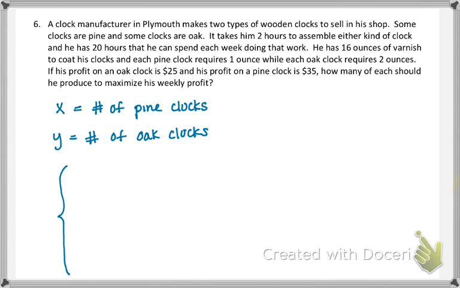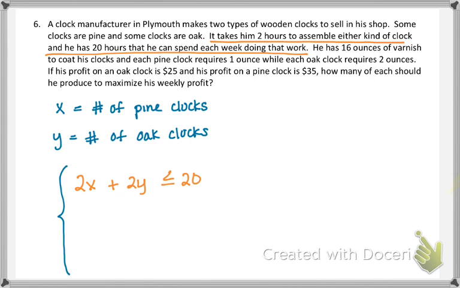So first constraint, 2 hours for each pine clock plus 2 hours for each oak clock has to be a total of less than or equal to 20 hours, because that's all the time he has.